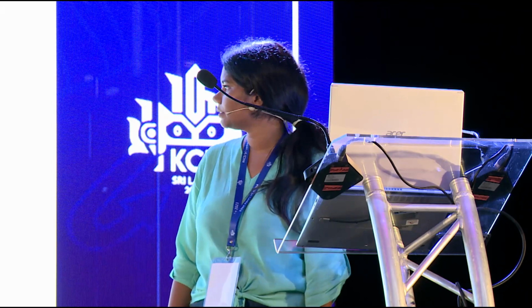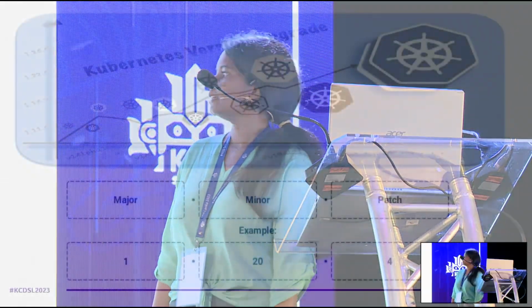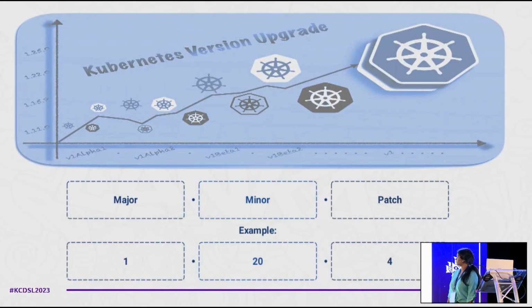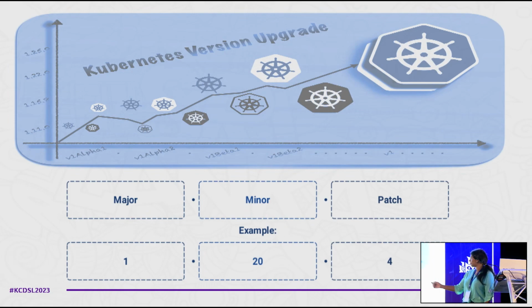So a Kubernetes version looks like this. There is a major version, a minor version, and a patch version. For example, if your cluster is on Kubernetes version 1.20.4, then 1 is the major version, 20 is the minor version, and 4 is the patch version.